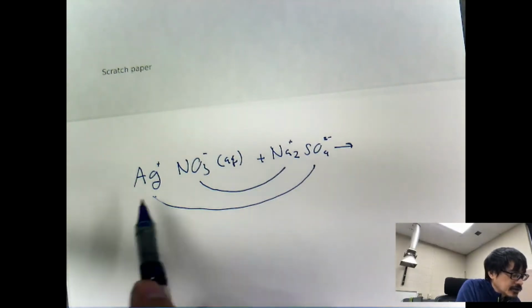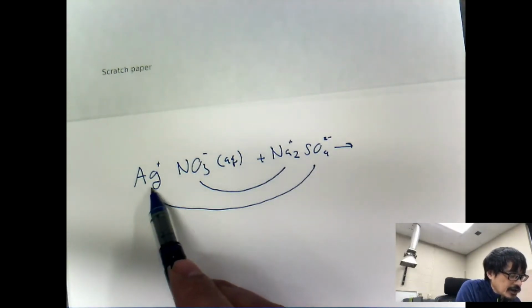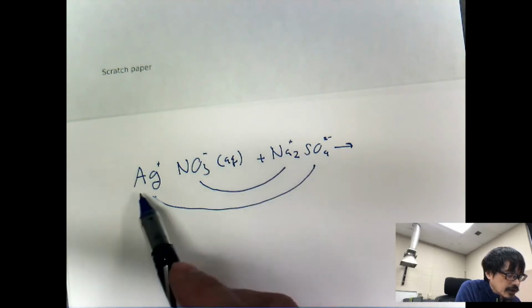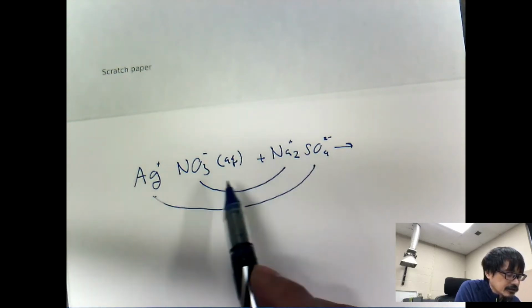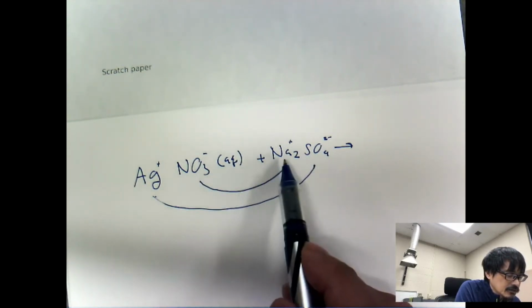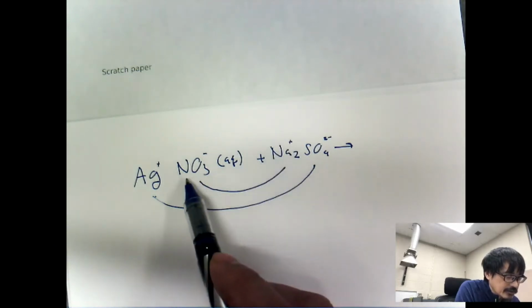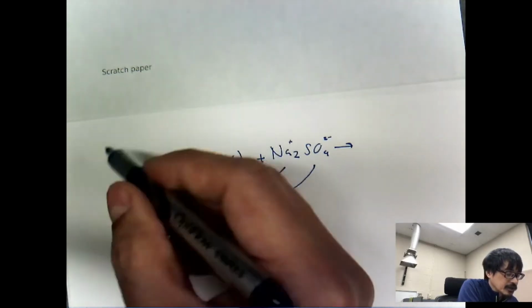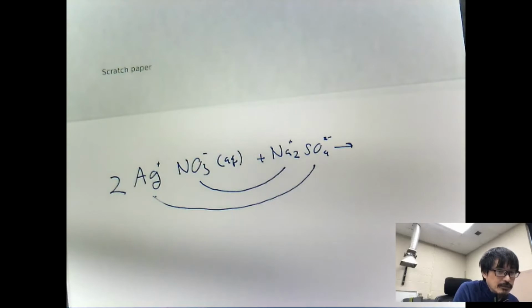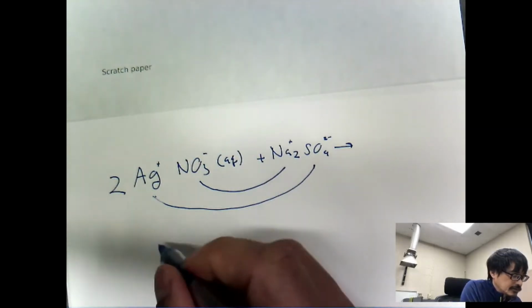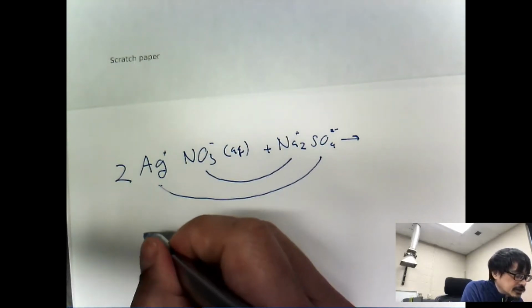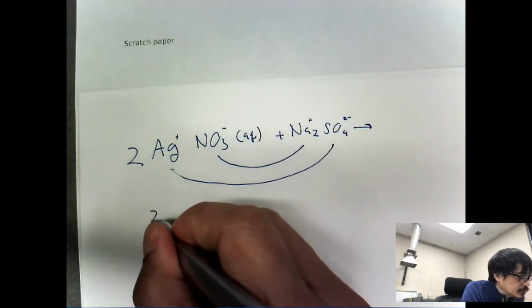So when I try to pair Ag with SO4, I need to have 2 of these, right? And then NO3 paired up with 2 of Na, I need to have 2 of those, right? So basically I have to multiply by 2 first.